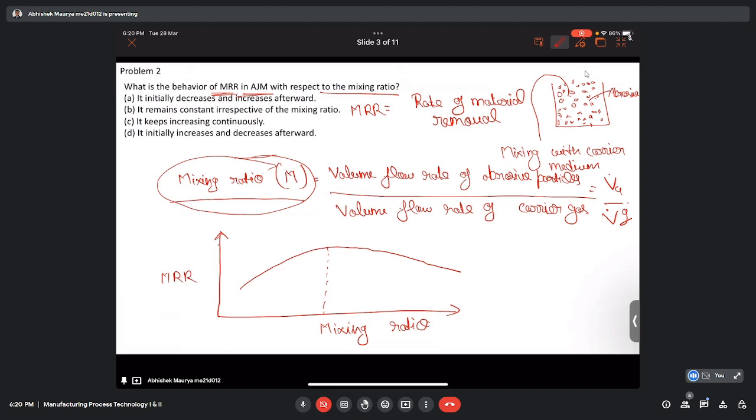But after some critical value, it starts decreasing. Can you think of why it is happening? You can unmute yourself, if some idea is coming to your mind, and you can tell me.